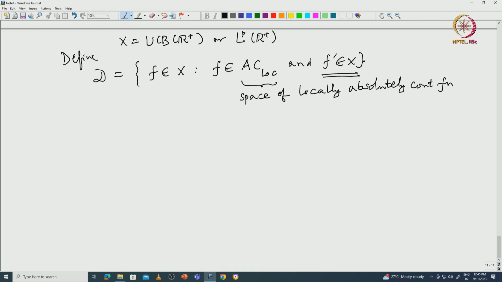So, let me make a comment here. We have defined the Sobolev spaces, just a side remark.